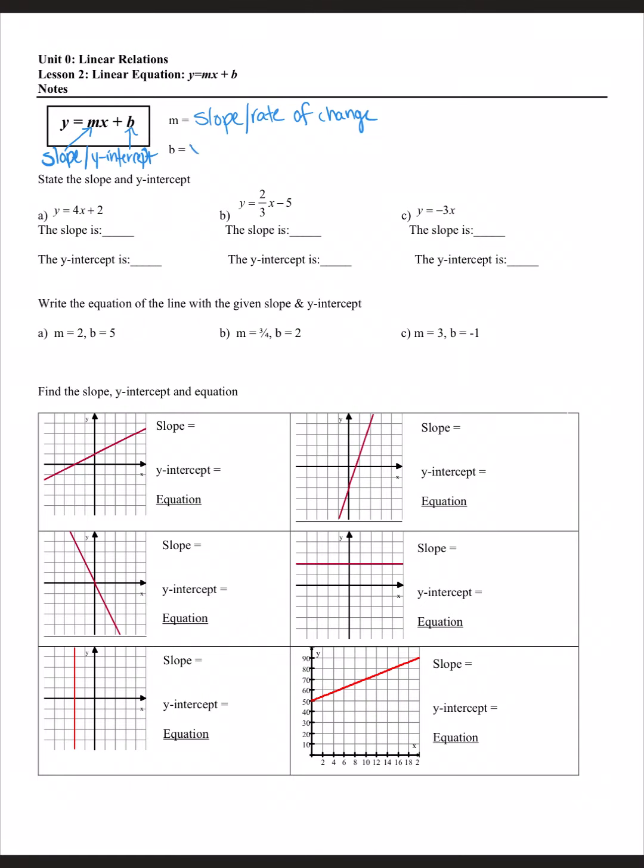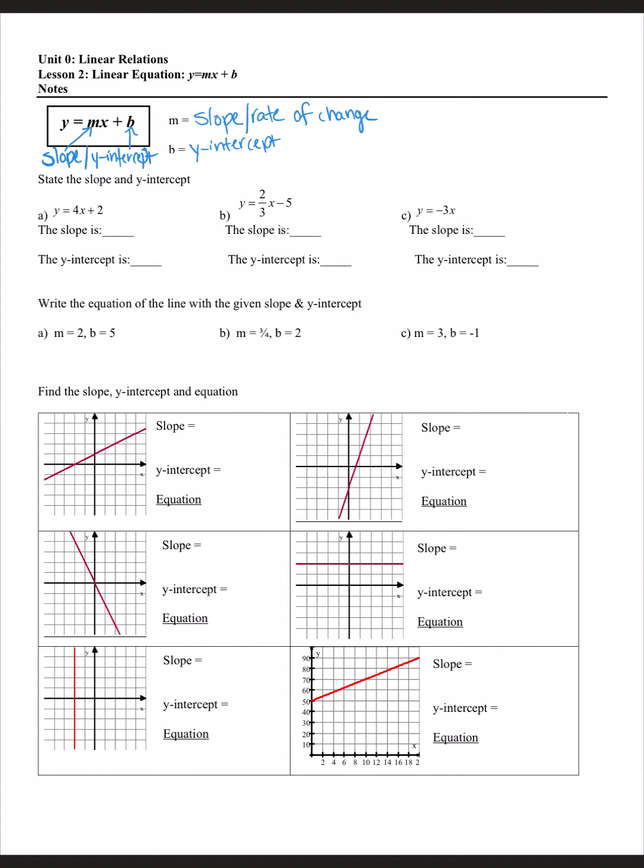And b is your y-intercept. We'll take a look at what these mean when we transfer them to a graph. For the y-intercept, hopefully we can remember our y-axis. The y-intercept is where the line crosses the y-axis, so it's called the y-intercept. Now we're going to look at these equations below and state the slope and the y-intercept.